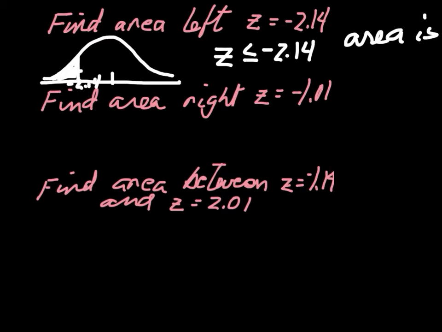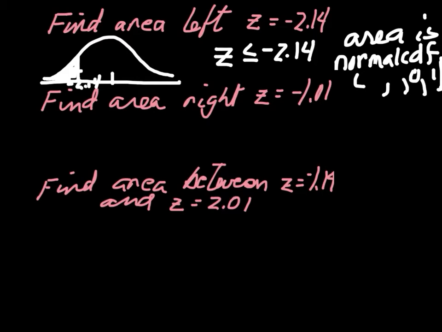Now find my answer. Without going to the table, I am now going to use the calculator. On the calculator, it would be normal CDF, followed by a parenthesis, and then I have to enter 4 numbers. The last 2 numbers are the easiest. The mean and the standard deviation of the standard normal curve are 0 and 1. But the first 2 numbers, what's the left and the right bound?